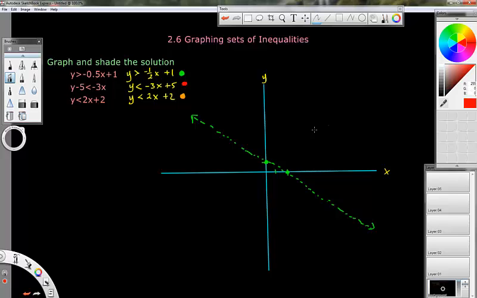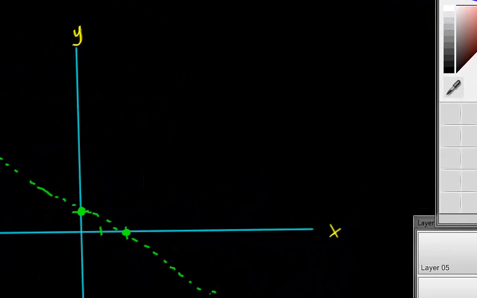Now the red one. The red one has a y-axis intercept of plus 5. So we're going to go up 5. So that's 1, 2, 3, 4, 5. And we'll have a big old bold dot right there. And then its slope is negative 3. So we're going to go down 3, 1, 2, 3, and then over to the right 1. So that'd be about right there.